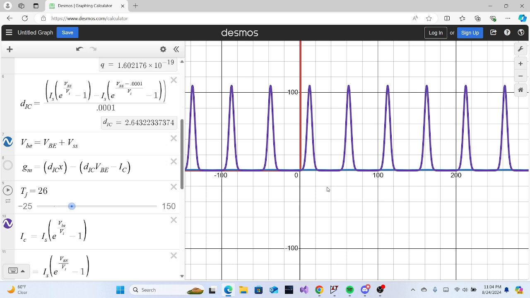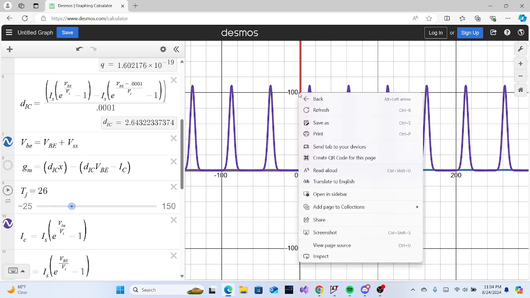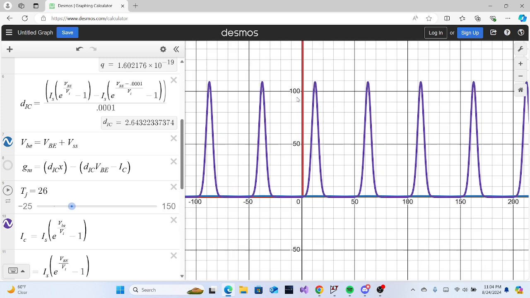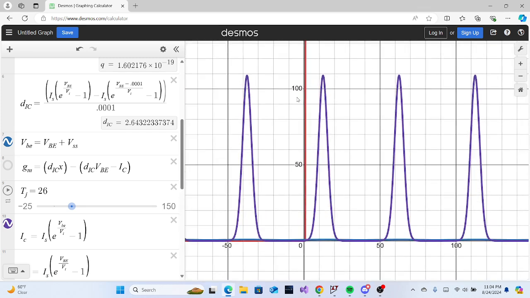See, I just don't understand why that graph is like 100. I mean, this is for small signal only.